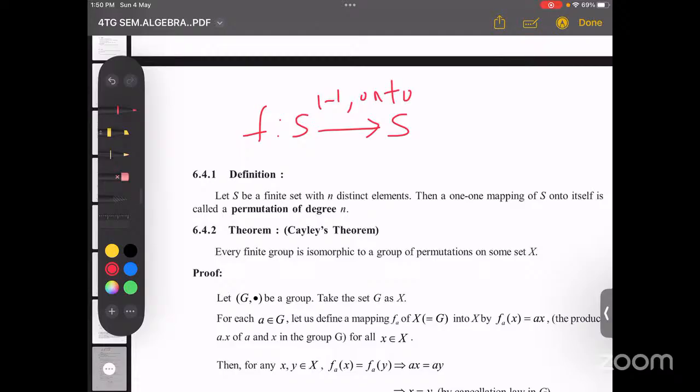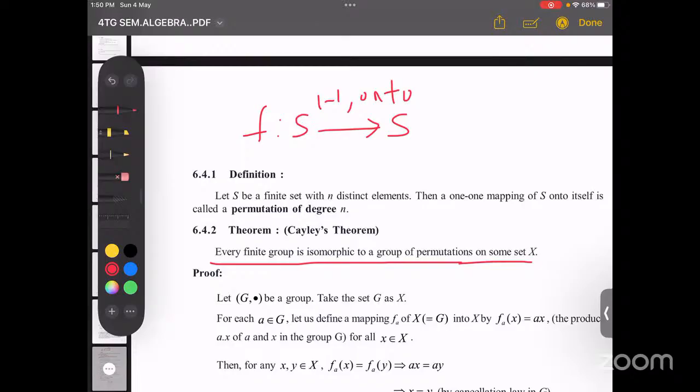Cayley's theorem statement: every finite group is isomorphic to a group of permutations on some set X. Whatever the finite group is, it is isomorphic. Isomorphic means you have to show it is a well-defined function, an onto function, a one-to-one function, and a homomorphism.